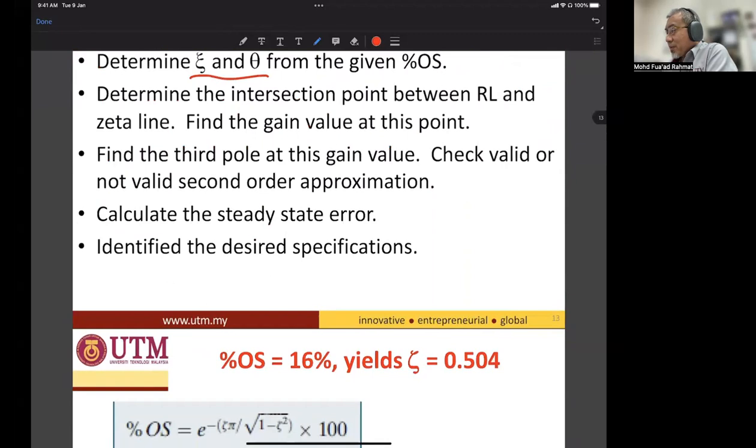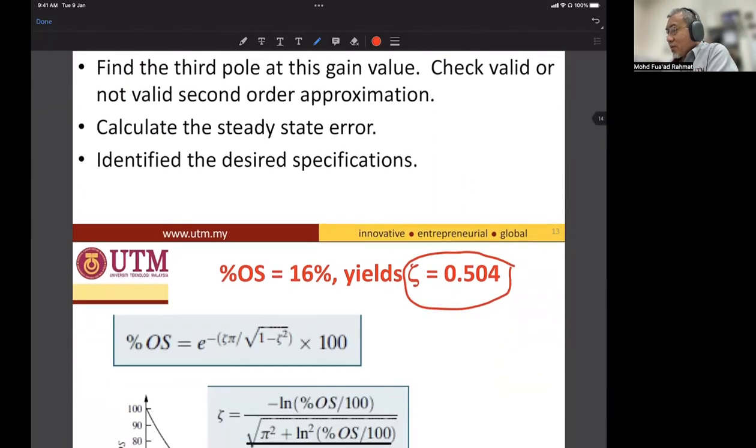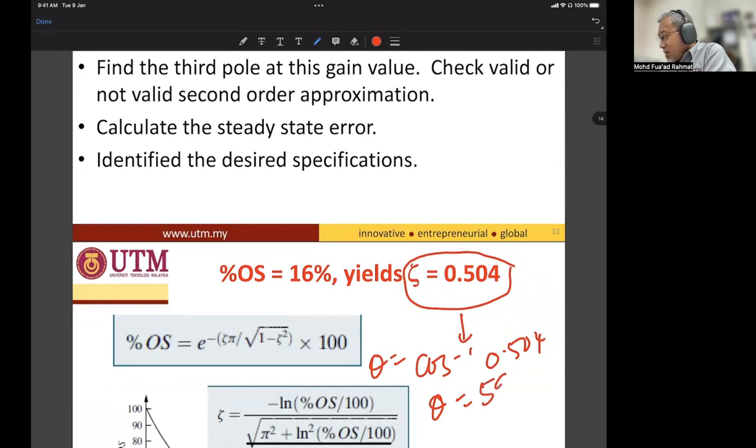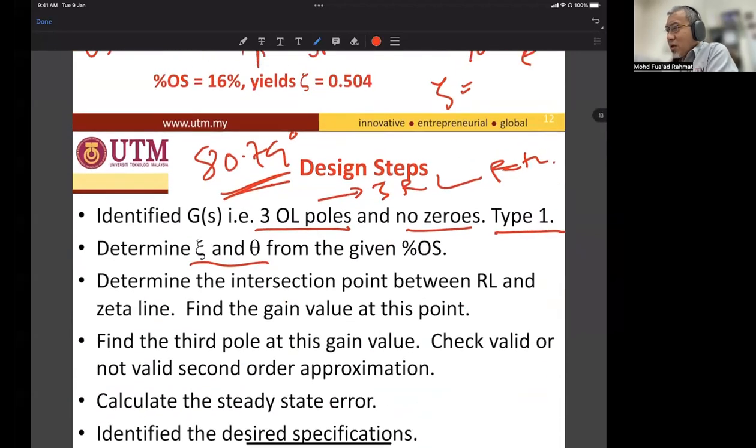So what is zeta? 0.704? 0.504. Stop. Okay, the zeta value is 0.504, and then the theta is cos inverse 0.504. Wahida? 59.74. But what is this one? Oh, that was a miscalculation. Wrong. Just use hand calculation. I will erase it.